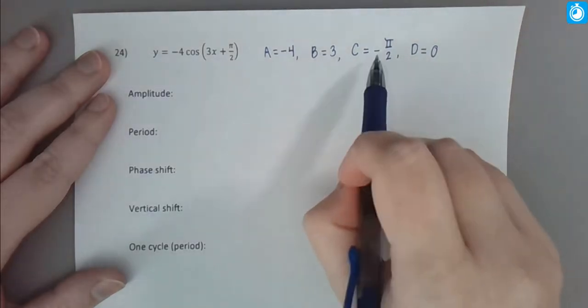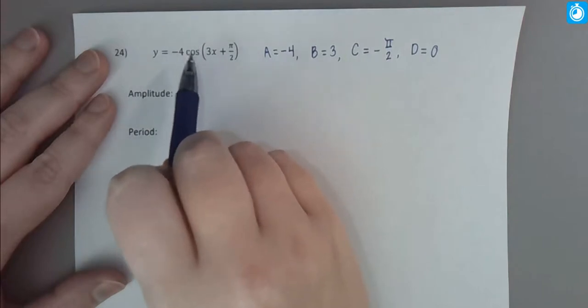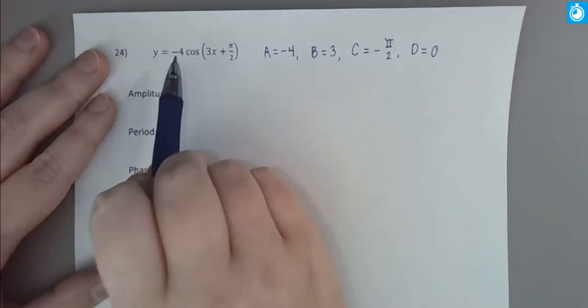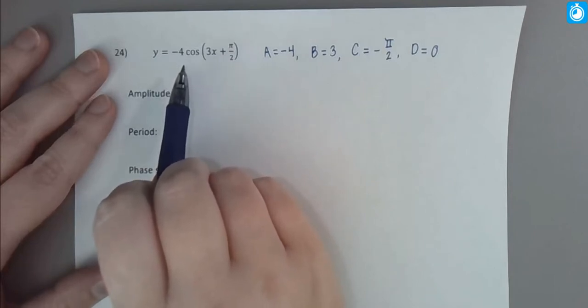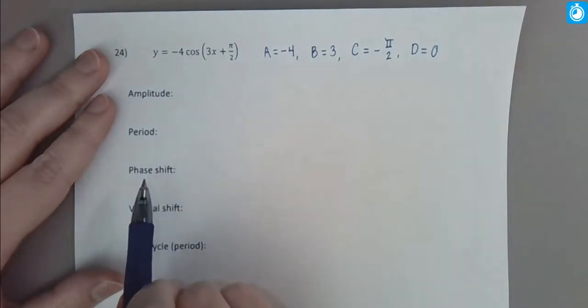So what do all of these different constants mean? Well, each one of these represents a potential transformation to the original graph of the cosine function. So the a out front, we think of that like a vertical stretch or a vertical shrink. When we're talking about trig functions, though, that's called the amplitude of the trigonometric function.